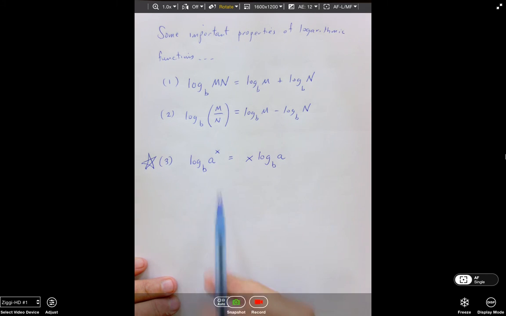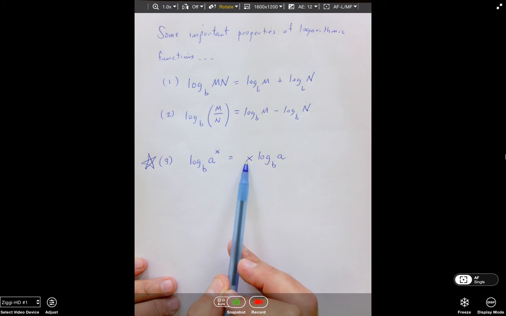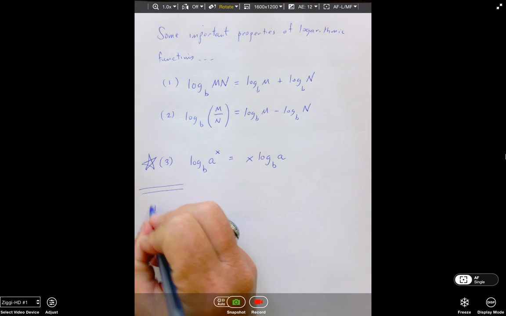So guys, when you have something raised to a power, you can bring this x out front and you get an equivalent statement. When I saw something like this that wasn't intuitively clear when I was in undergrad many years ago, I always wanted to try it out. So let's just try out the first one.